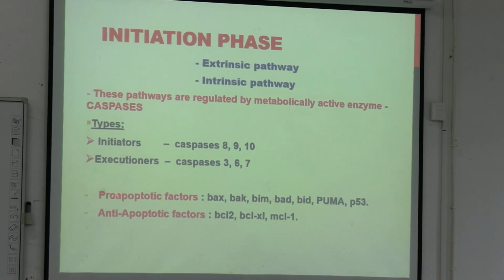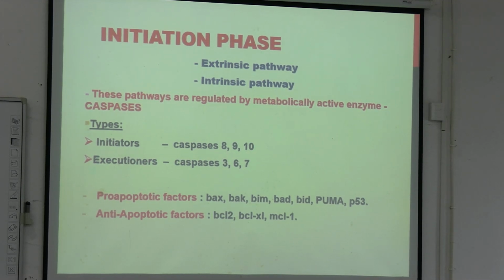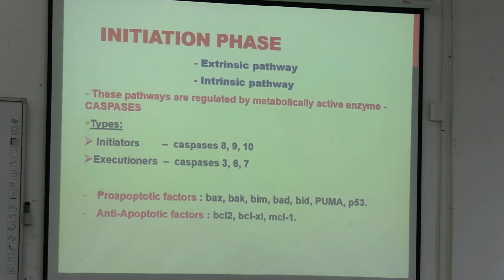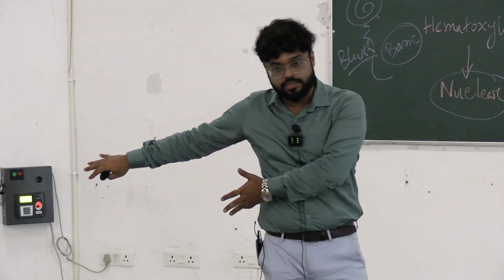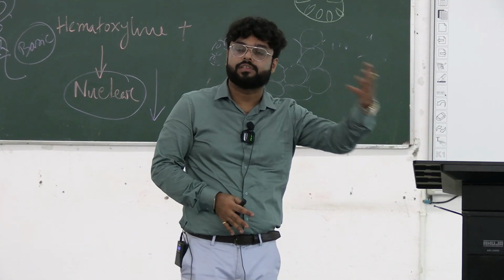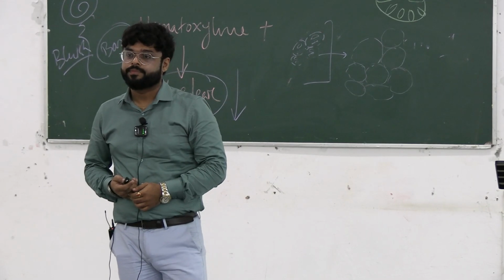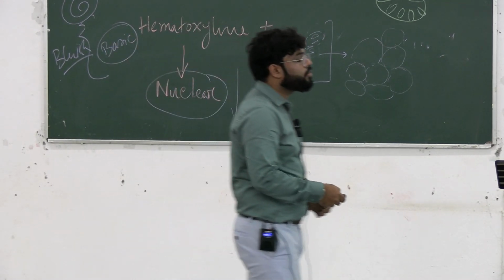These are known as pro-apoptotic factors and anti-apoptotic factors. In simple terms, if the level of pro-apoptotic factors increases in the cell, then the cell will undergo apoptosis. If anti-apoptotic factors are higher, which is normally the case, then the cell will prevent the process of apoptosis, prevent the initiation phase.